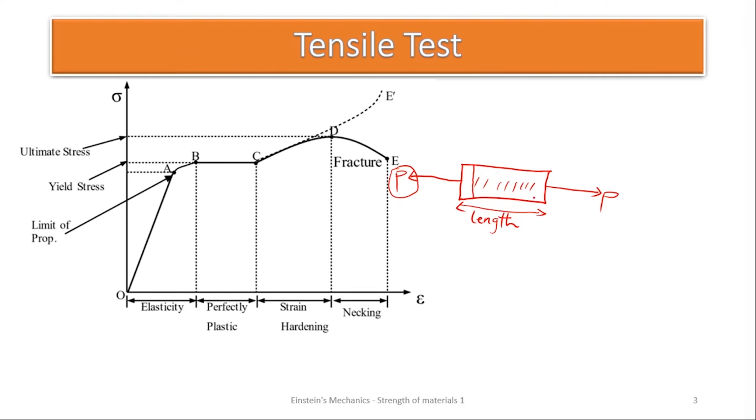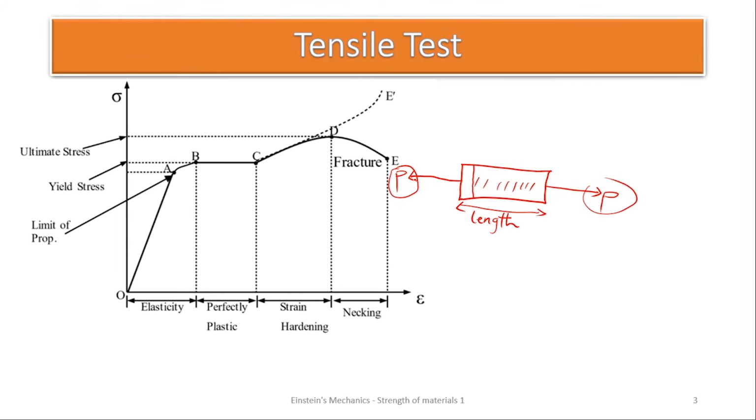These machines will help you know the forces this bar can withstand. This is called a tensile test. We can also conduct a test on compression, but in this video we are focusing on the tensile test.